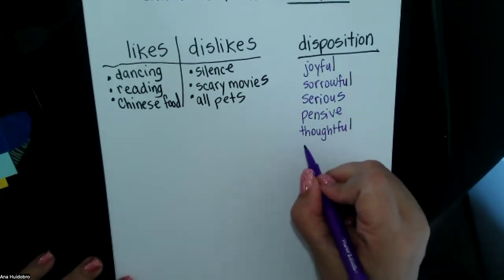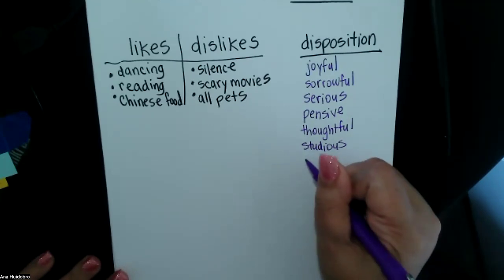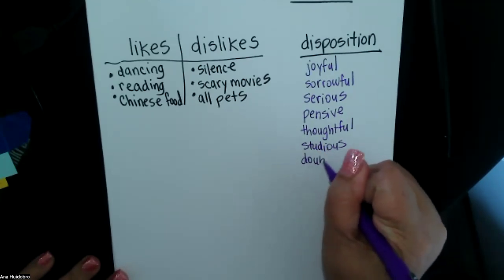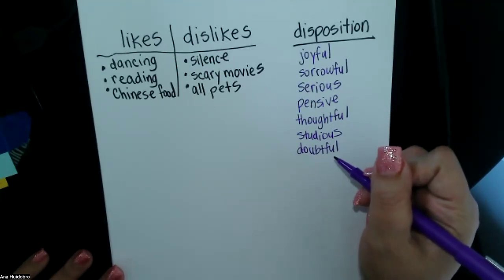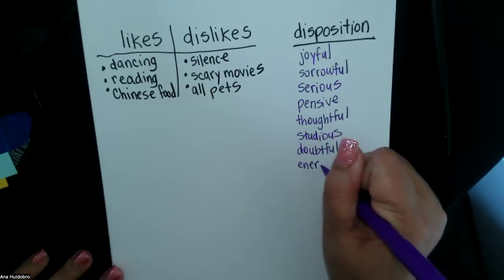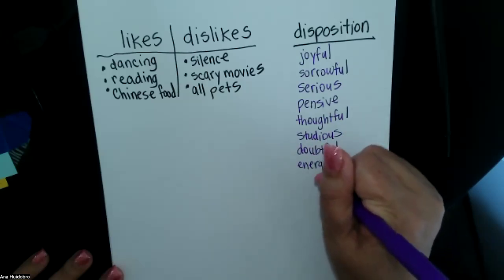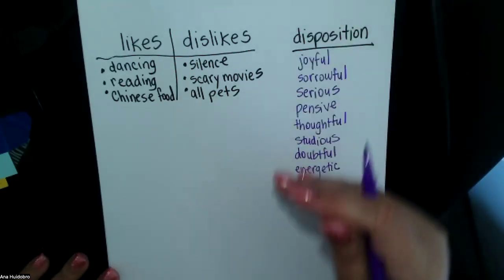Maybe they're very studious. Maybe your character is doubtful. Once again, you're not writing this. Maybe they wonder, is Chinese food really that good? That's a different character. Maybe they're very energetic. There are all kinds of different dispositions.